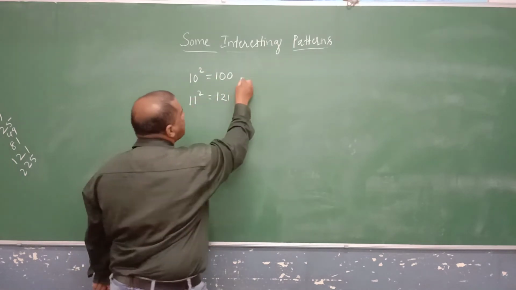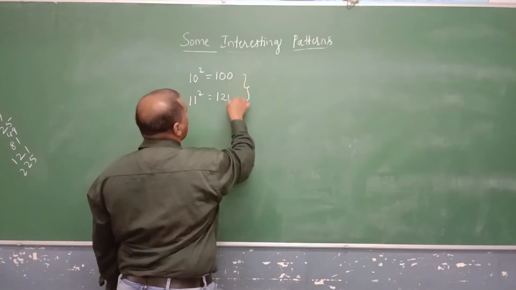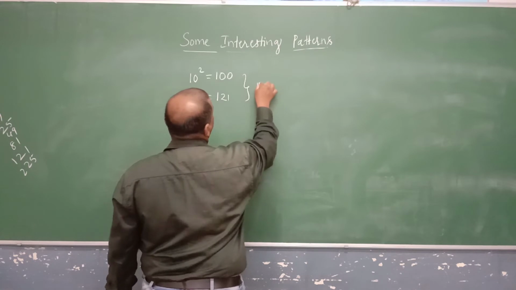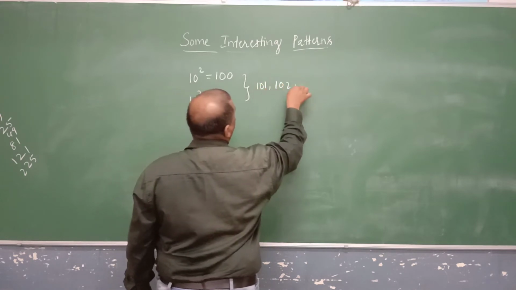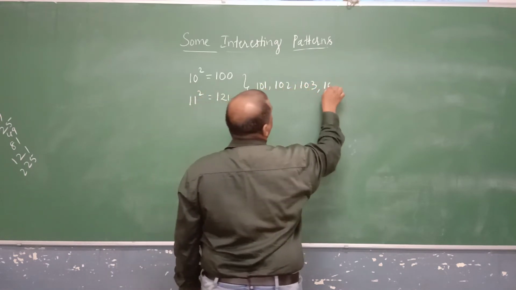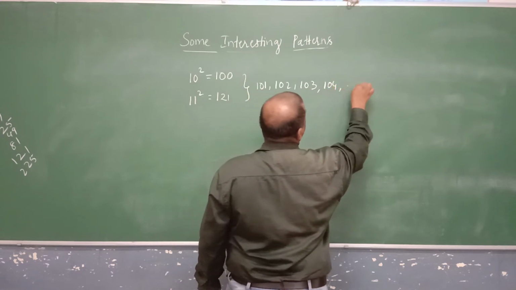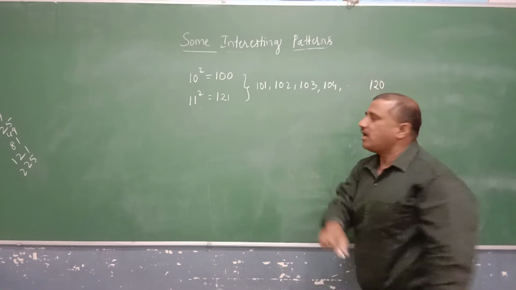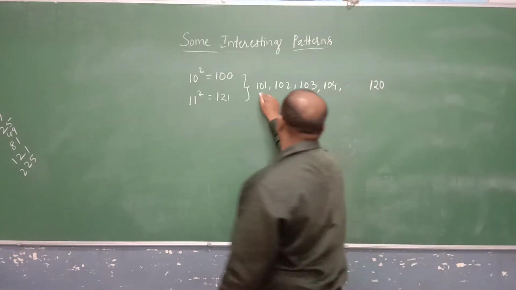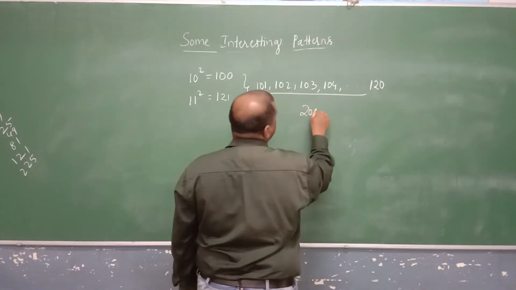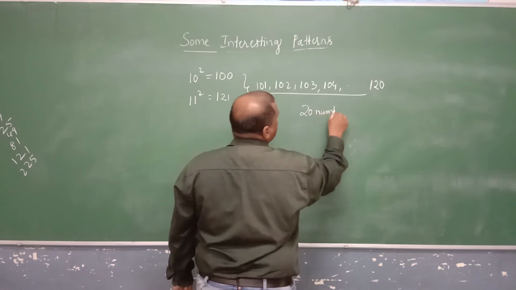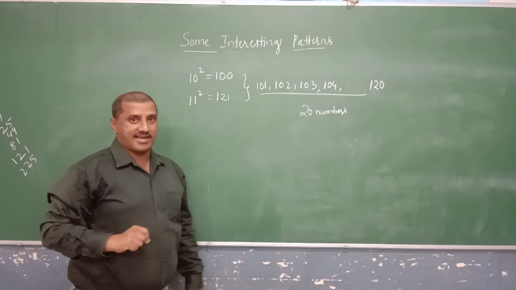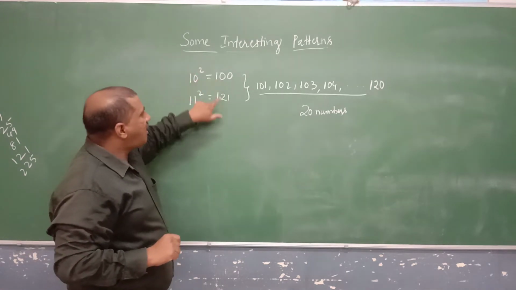How many numbers are there between 100 and 121? We have 20 numbers. What are the 20 numbers? 101, 102, 103, 104, and so on, up to 120. How many numbers are there in total? 20 numbers. What kind of numbers are these 20 numbers? These 20 numbers are non-perfect squares, and they are between 100 and 121.